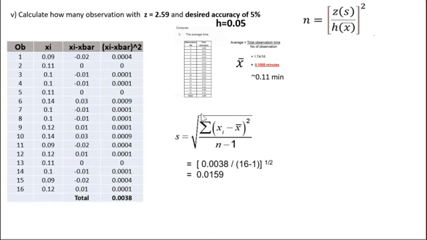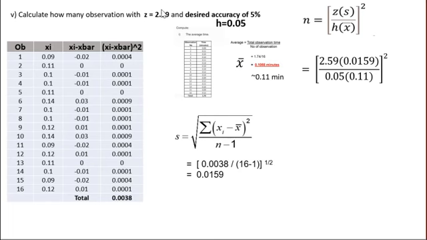Now you need to plug into this formula. 0.0038 divided by the number of observations, 16, minus 1 is 15, and then you square root, then you get 0.0159 for the S value. Once you get the S value, you plug into this formula.